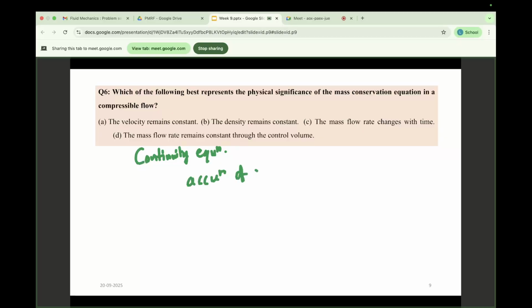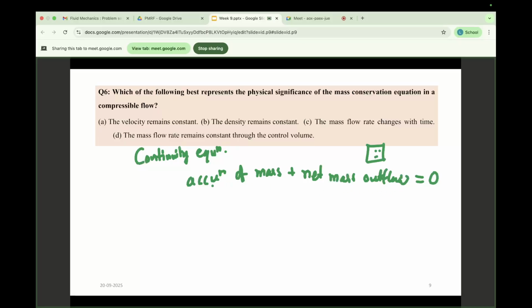Accumulation of mass. So I'm talking about a control volume. Whatever mass accumulates in this control volume should be equal to the net mass inflow plus net mass outflow, which should be 0.